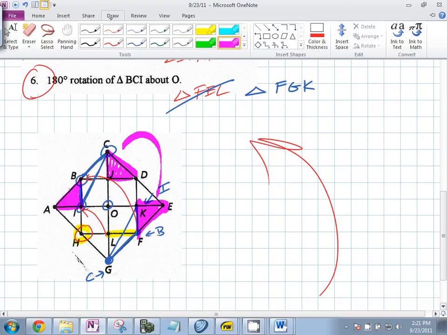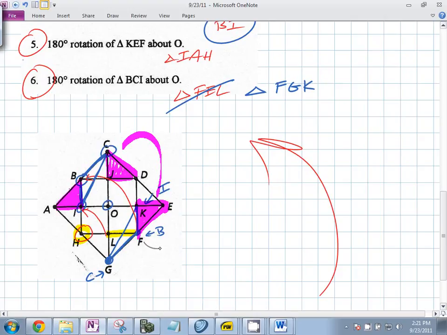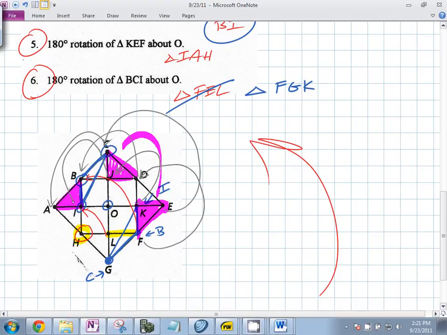What does F map to? F maps to D. And then D maps to B. E goes to C, and then C maps to A. K goes to J, and J goes to I. This was number 5 that I was killing with this terrible coloring.